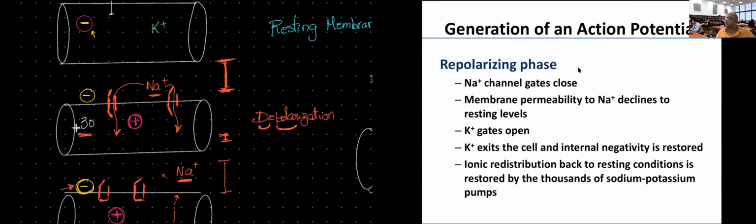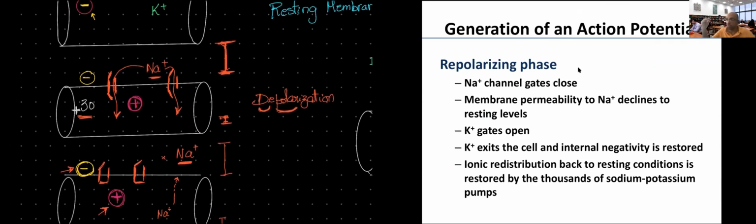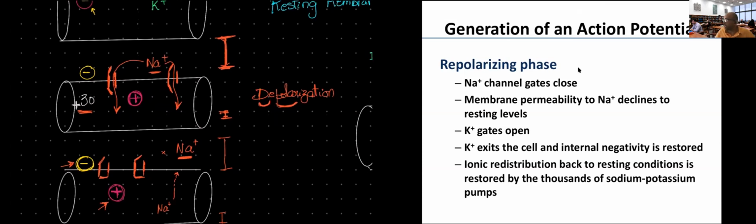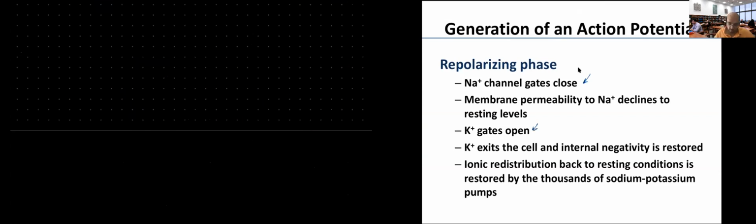In the repolarization phase, when I reach 30 millivolts, I will be closing the sodium channels. This will decrease the membrane permeability for the sodium. And at the same time, I open the potassium channels.